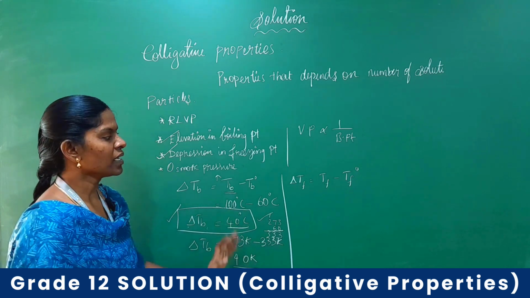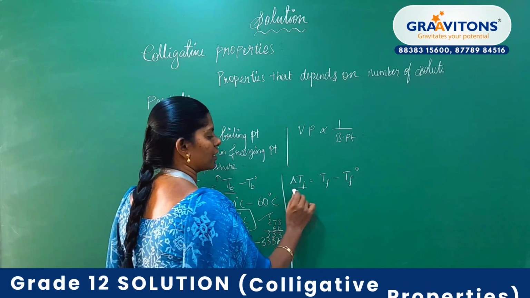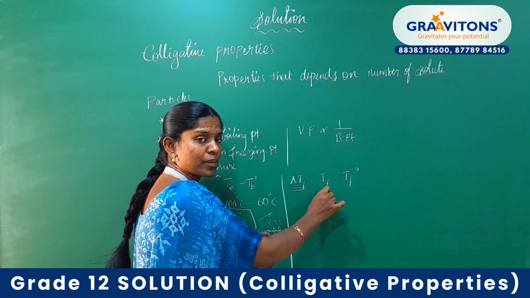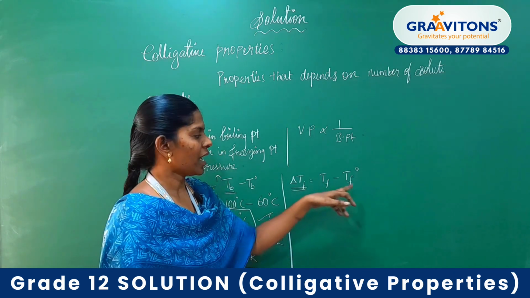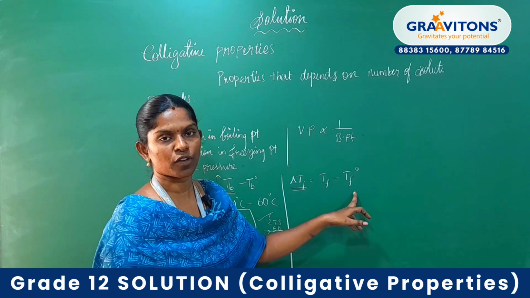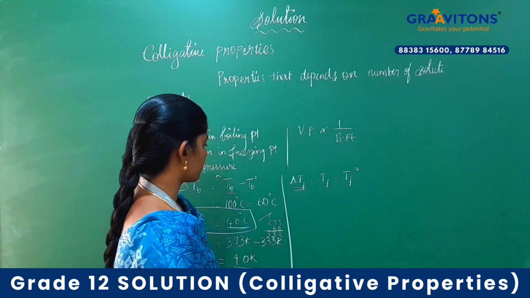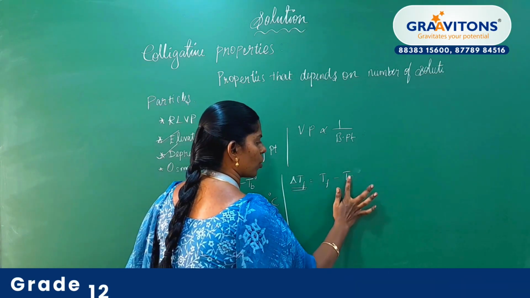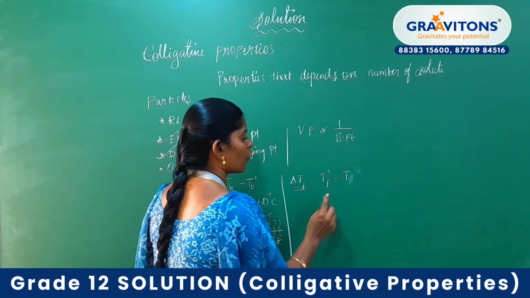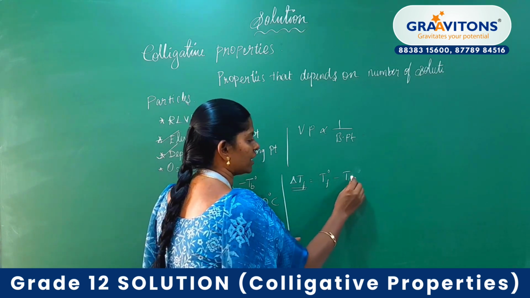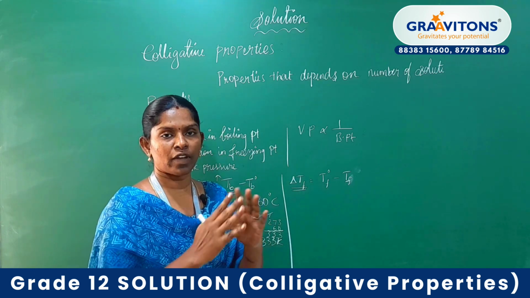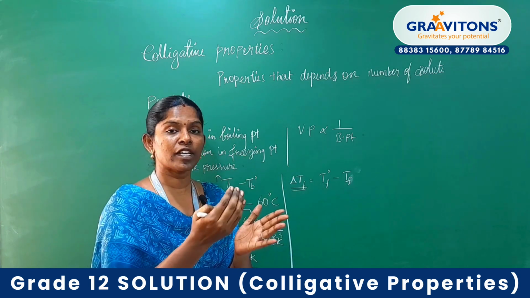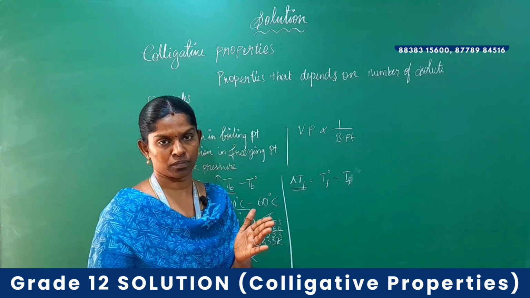Similarly, when you go for delta TF, where TF is the freezing point of the solution and TF naught is the freezing point of the pure solvent, we know that the freezing point of the pure solvent is always higher than that of the solution. When you add solute to that solvent and it becomes a solution, the freezing point goes down.